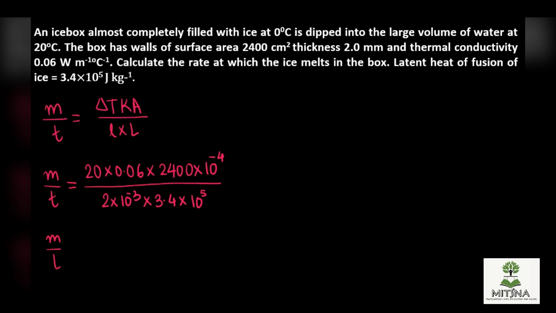Now m divided by t comes out to be 144 divided by 3.4 multiplied by 10 to the power 5. This comes out in kg per second.